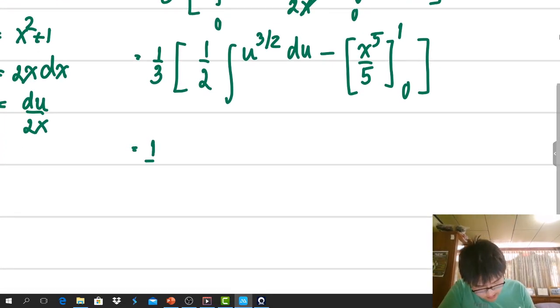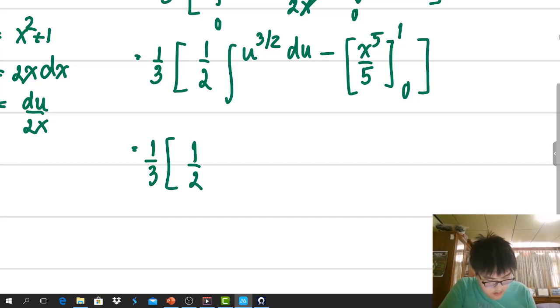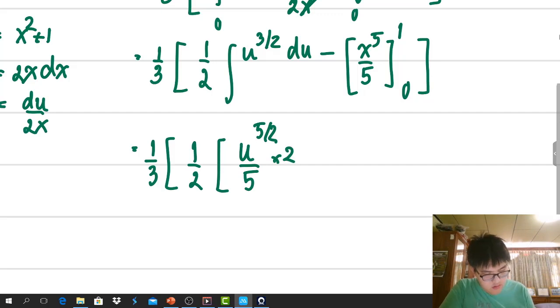Next, 1 over 3 times 1 over 2. This one, increase the power by 1, we will get u to the 5 over 2 over 5 over 2. The bounds up here, you don't forget, 0 to 1.